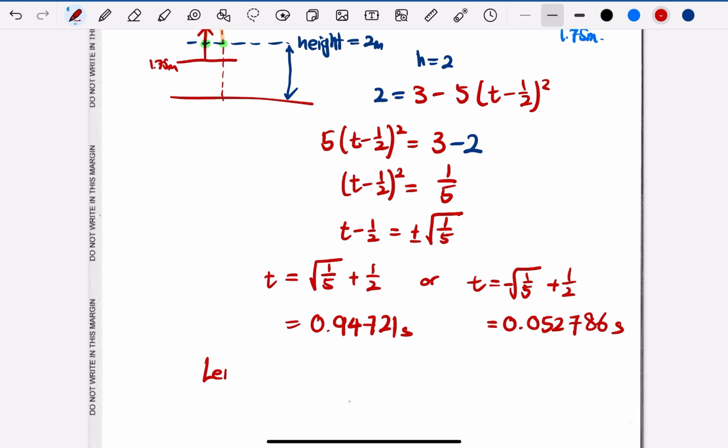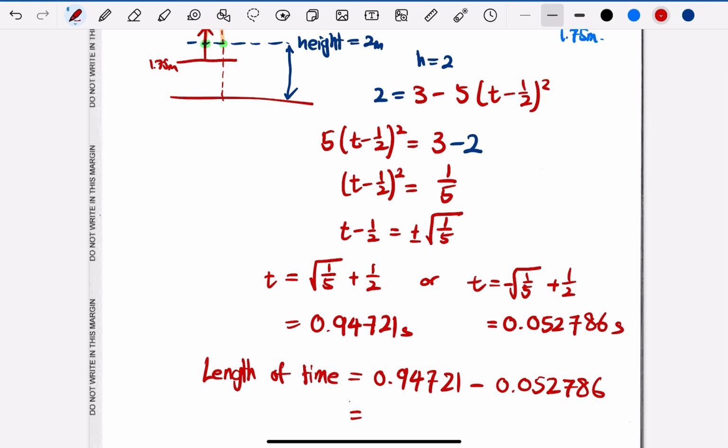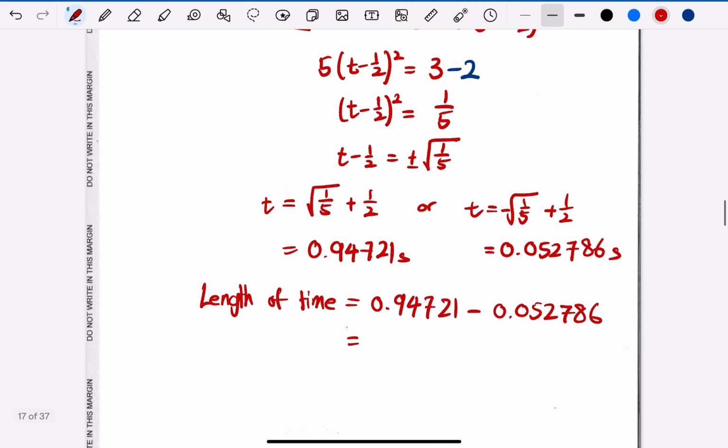So length of time is 0.94721 minus 0.052786. Let's press this in your calculator, and then we round off our answer. 0.894 seconds, in 3 significant figures.